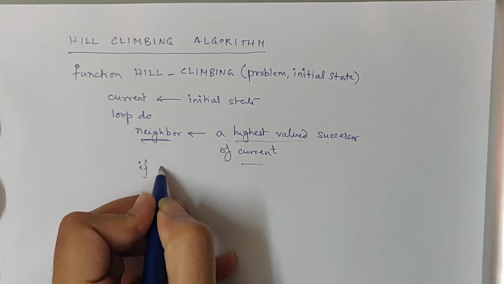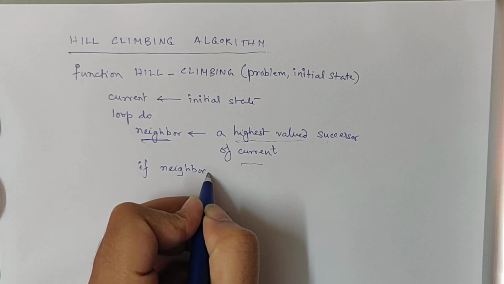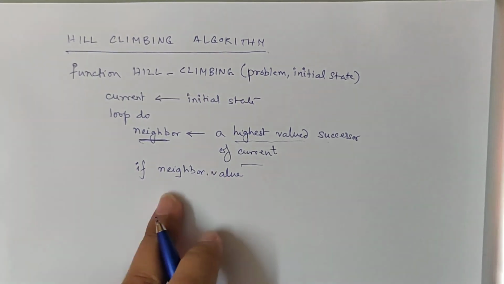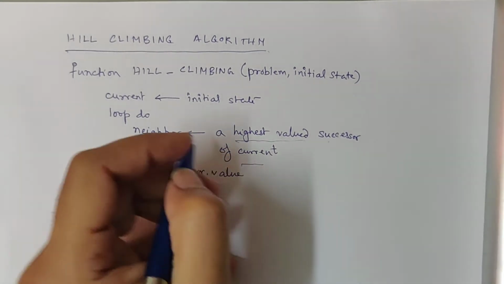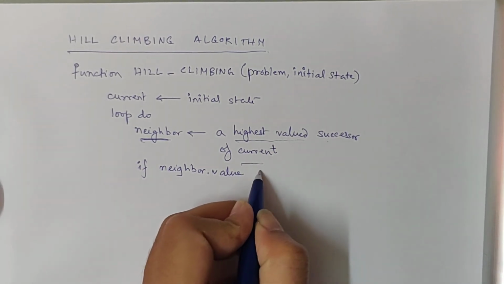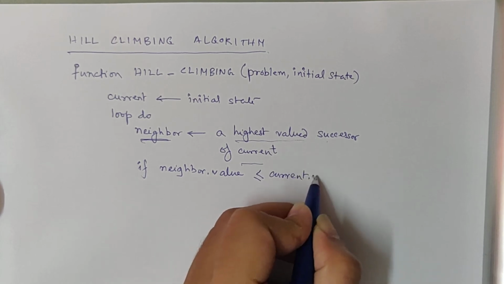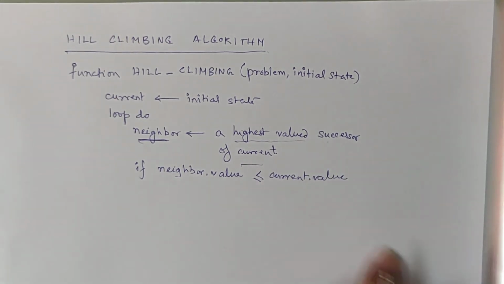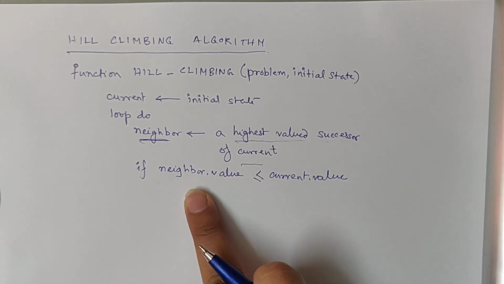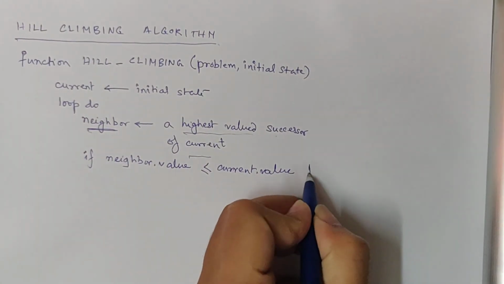So if neighbor dot value, by this I mean the value of the objective function for the neighbor state, is less than the value of the objective function for the current state, which means my neighbor state is not better than my current state, then what should I do?